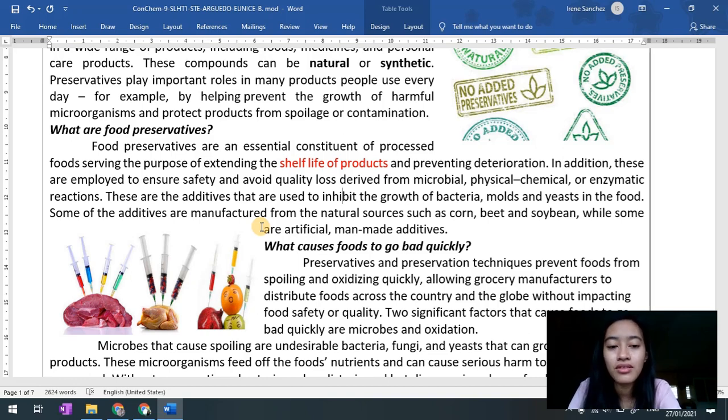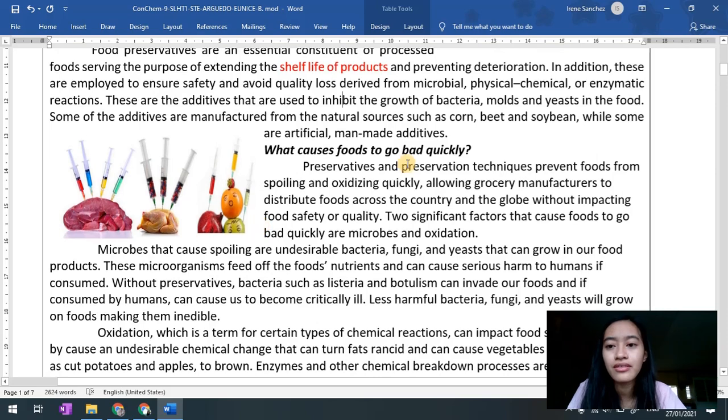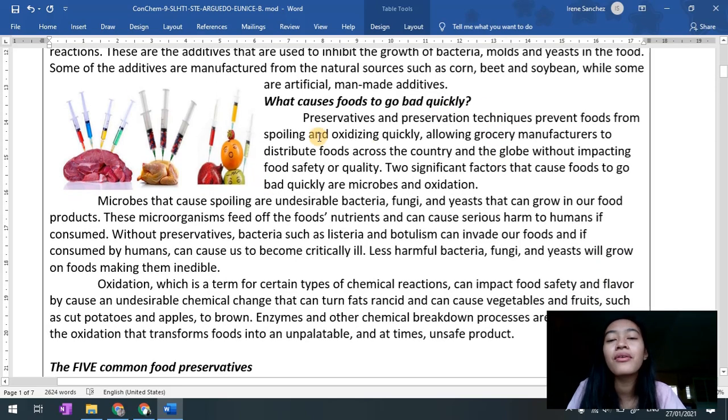Why do we need food preservatives? Because food goes bad quickly. As it says here, preservatives and preservation techniques prevent food from spoiling and oxidizing quickly. Spoiling and oxidizing, two big things. It allows grocery manufacturers to distribute foods across the country and the globe without impacting food safety or quality.